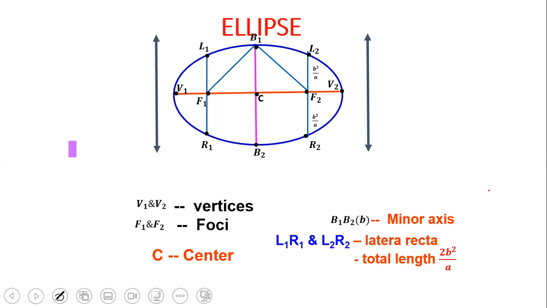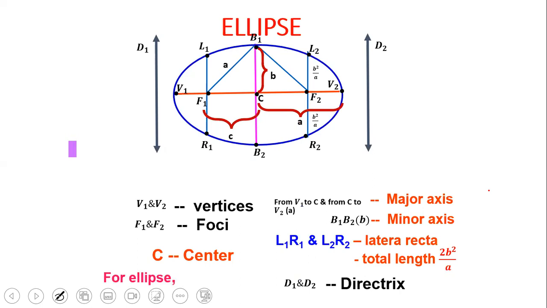So remember, ang distance from center to focus is C. The distance from center to covertex is B. And the remaining part is the distance from center to vertex is A. And for the ellipse, the equation will be represented for these segments. C squared is equal to A squared minus B squared.